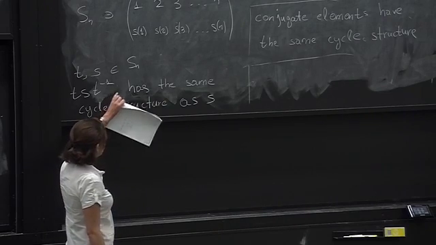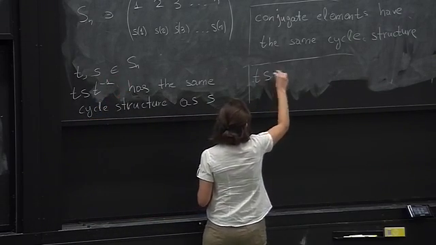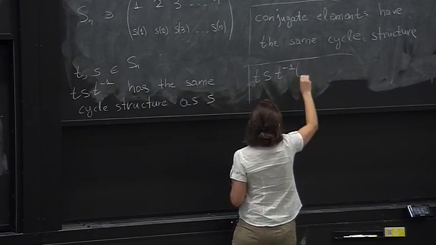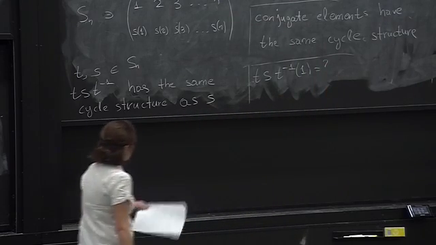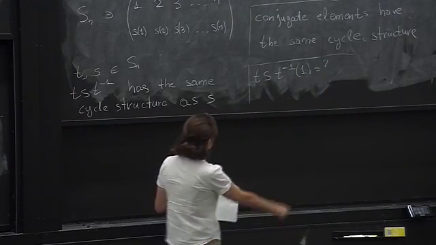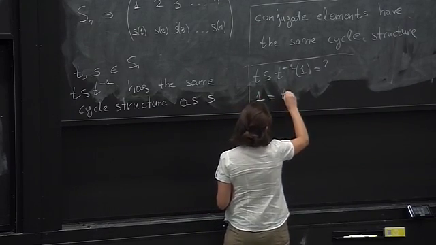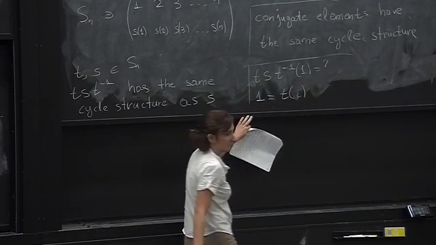Let's start, for example, from number 1. So the question is, what is TS, T inverse of 1? Well, 1 can definitely be also written as T of some other number. Let's call it I. Yeah?